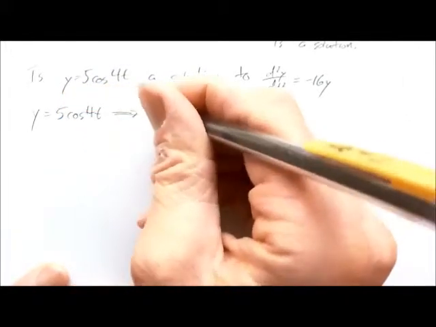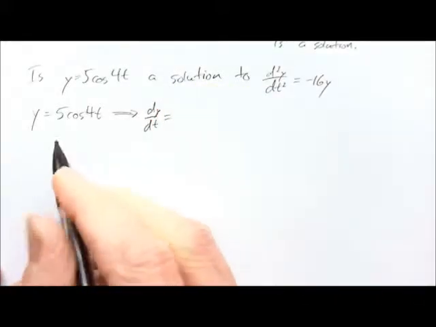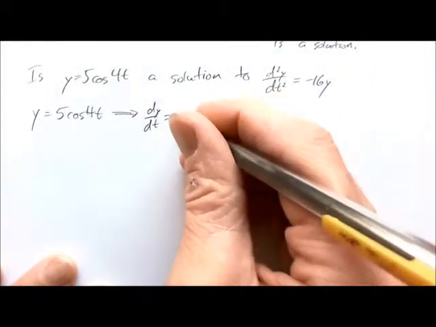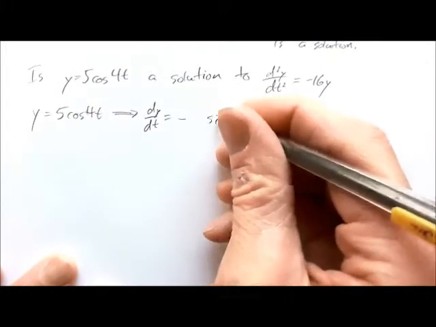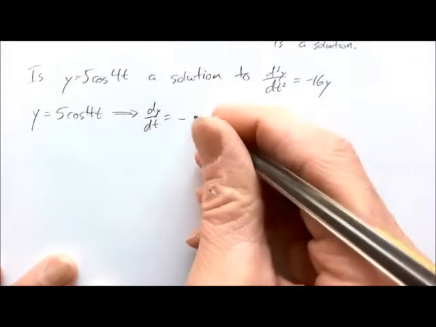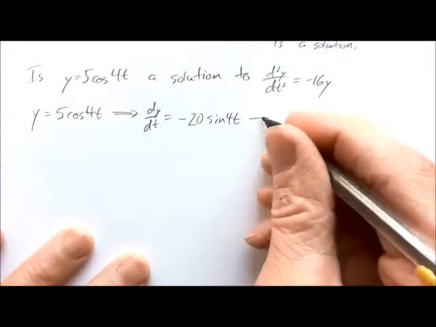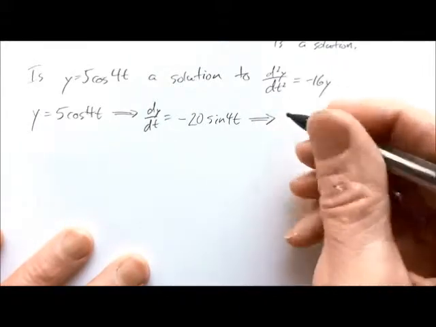gives us that dy dt is, remember the derivative of cosine is negative sine, so we'll have negative sine 4t, and by the chain rule, this 4 times the 5 gives us a 20 here. Then we can go on and find the second derivative, which happens to be the left-hand side.